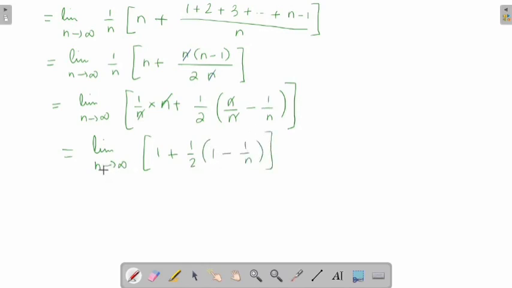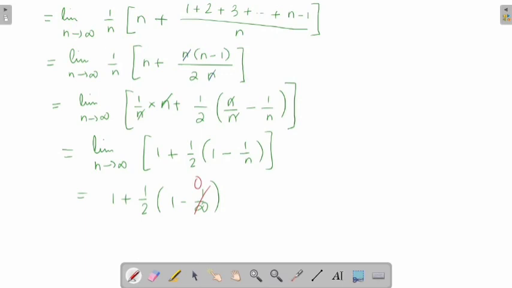Now n tends to infinity, right? If I don't write the limit, then we substitute the value of n. So it becomes 1 plus 1 by 2 into (1 minus 1 by infinity). What is the value of 1 by infinity? The value of this is 0.